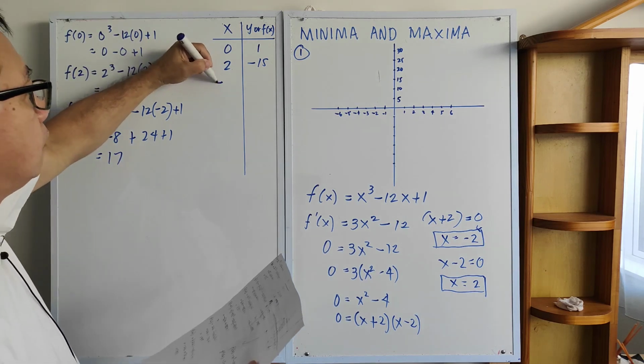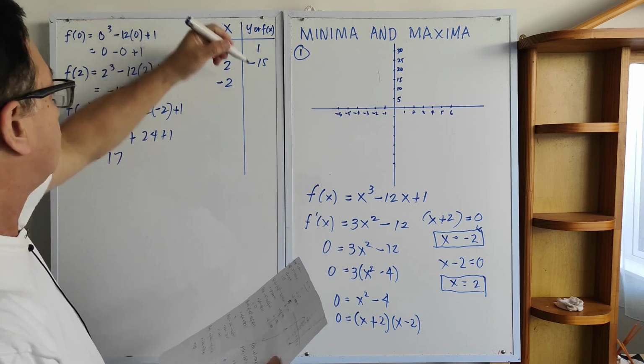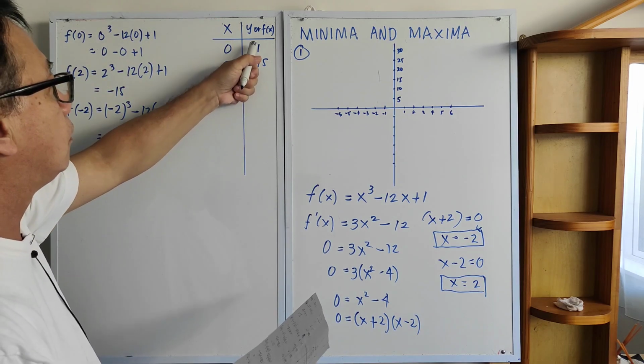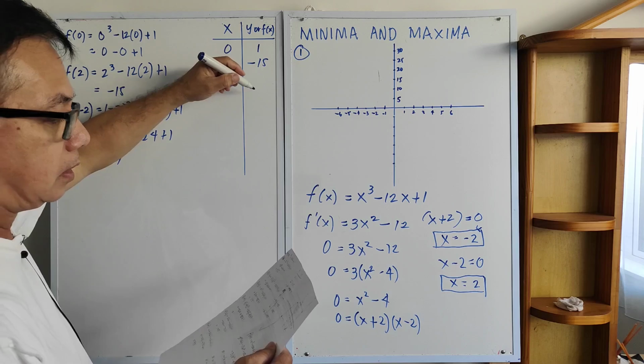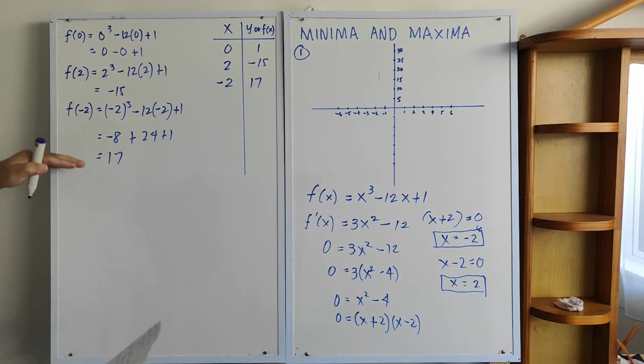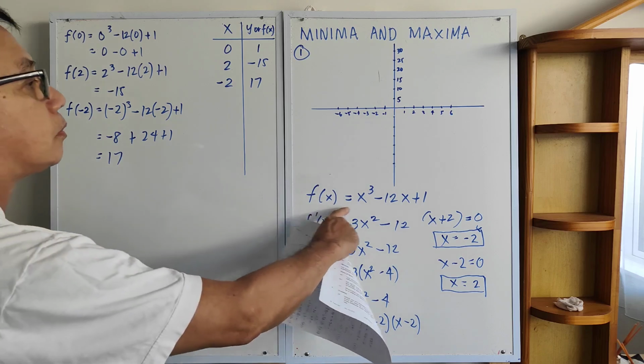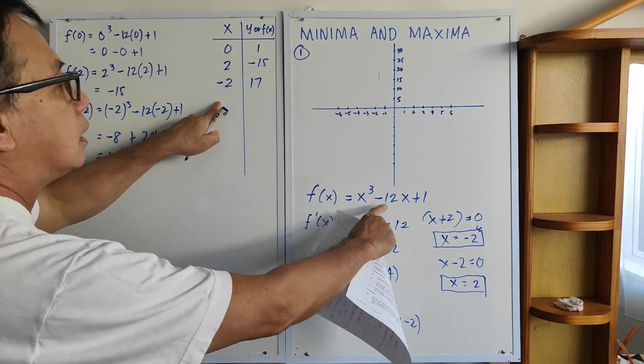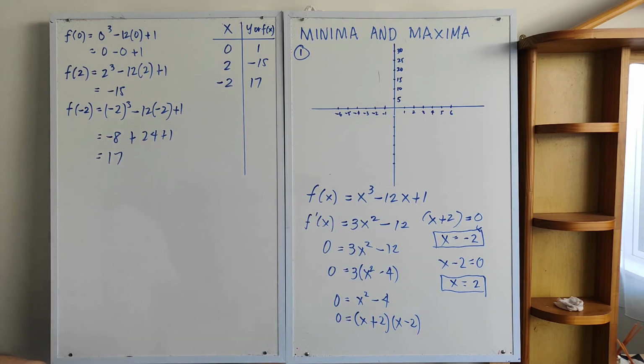So if x is negative 2, the function of x is 17.